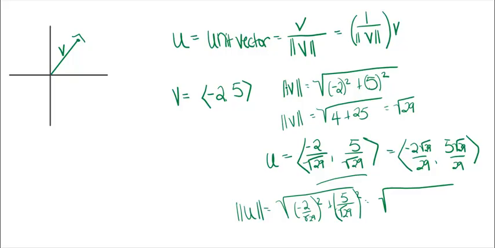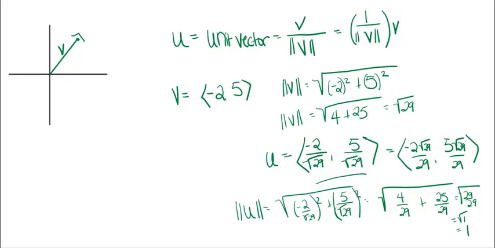So negative 2 over the square root of 29 squared is 4 over 29, plus 5 over the square root of 29 squared is 25 over 29. When I add those together, because they have common denominators, I get 29 over 29. So the square root of 29 over 29 is the square root of 1, which is equal, in fact, to a magnitude of 1. We're just taking the positive because we're talking about a length.